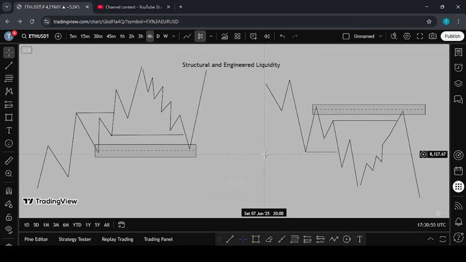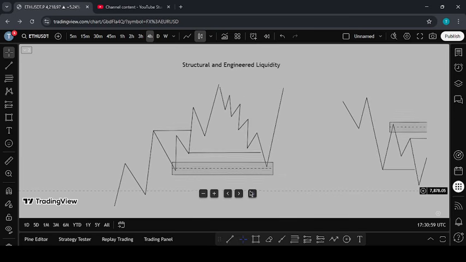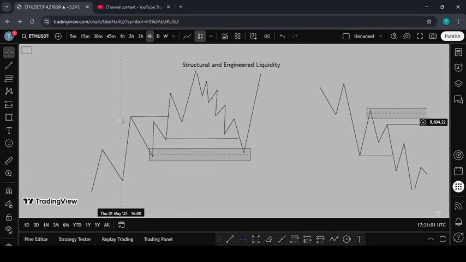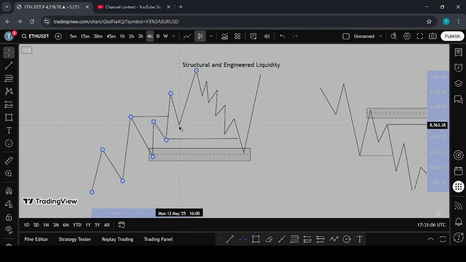How would you know? You need to look at the points, right? Look at the structure, how market has been moving, and most times market would even create like a mitigation. It might mitigate whatever point of interest you want to buy from here before making the move to the upside.